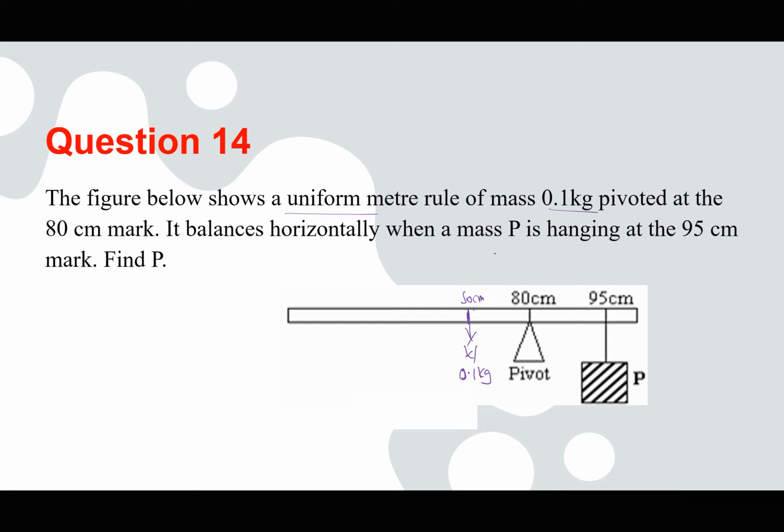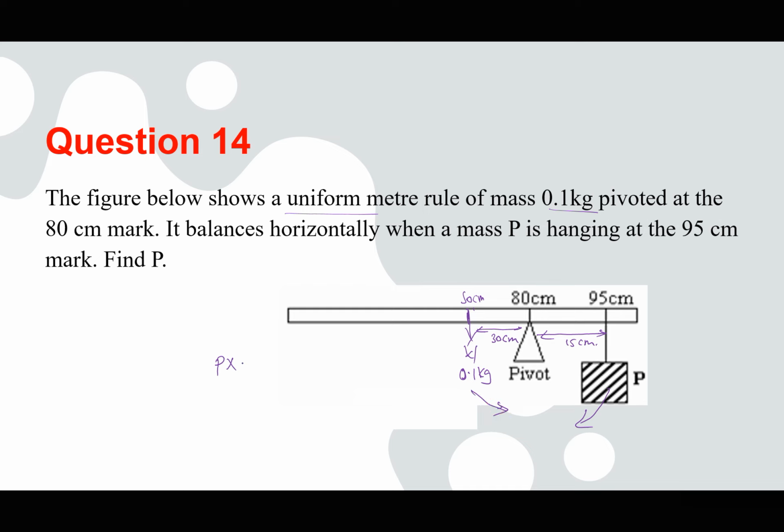It balances horizontally when a mass P is hanging at the 95 centimeter mark. So the distance from the pivot to the mass P is 95 minus 80, which is 15 centimeters. And the distance from the center to the pivot is going to be 80 minus 50, which is 30 centimeters. So find P. P is going to cause a clockwise moment and the mass of the rule causes an anti-clockwise moment.